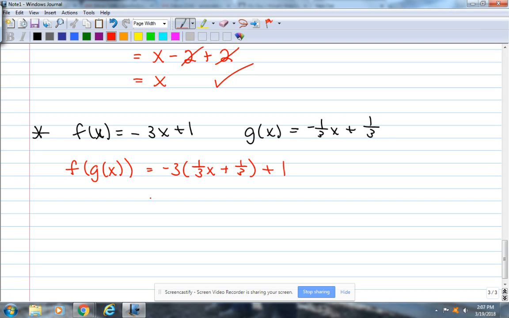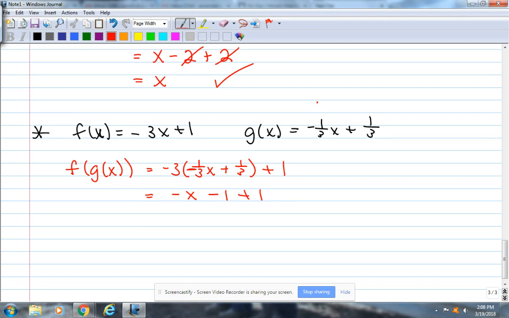Okay. And then you distribute. What's negative 3 times 1/3 x? What is a negative 3 times 1/3? That's supposed to be a negative 1/3, isn't it?